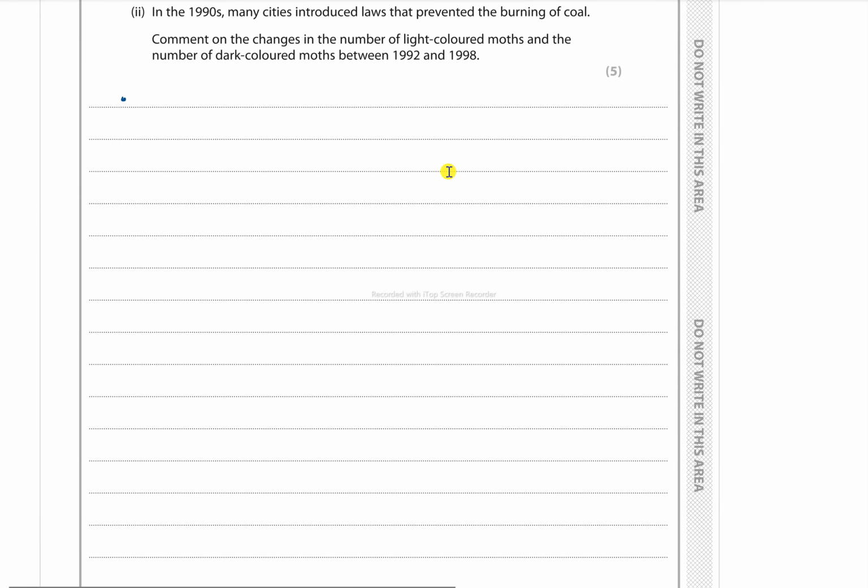Right, so this will be an interesting one. So we can say the number of light colored moths decreases, then increases.